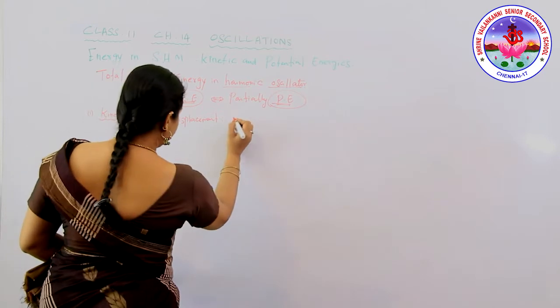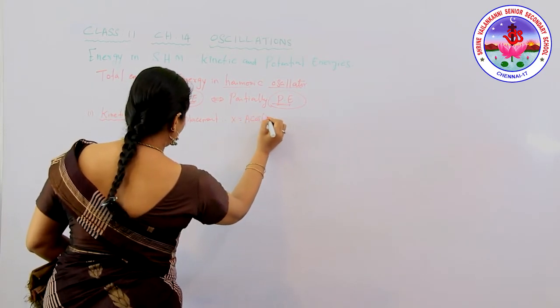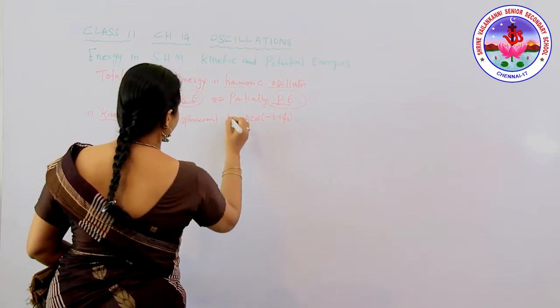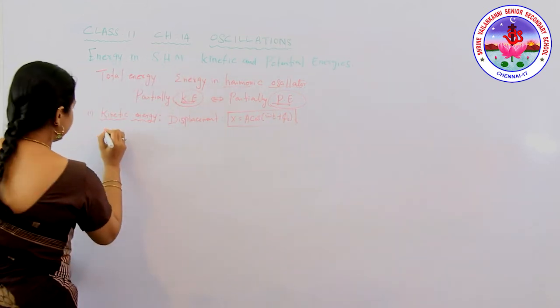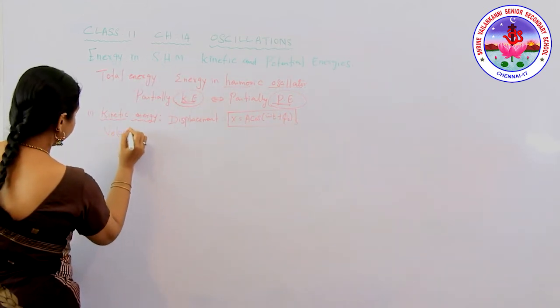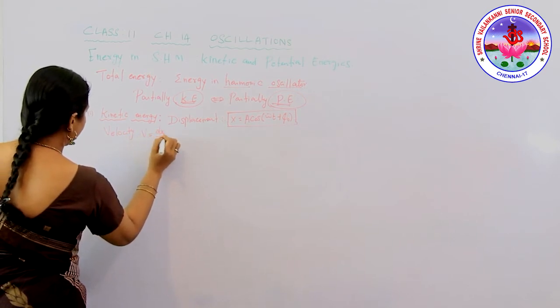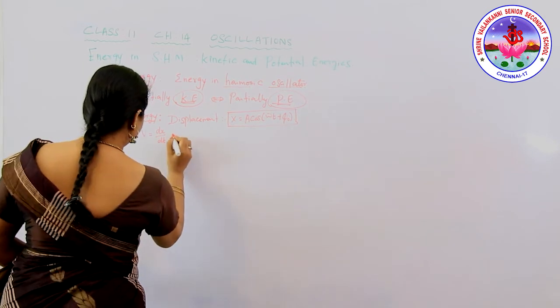that is x which is equal to a cos(omega t plus phi naught). This we know, right? And for the velocity, v which is equal to dx by dt, right? So we need to differentiate this.